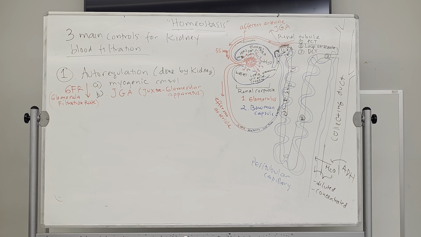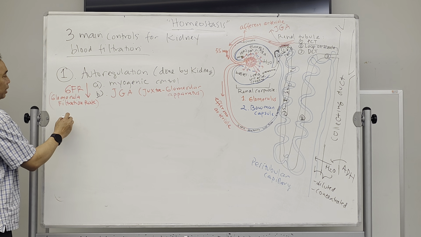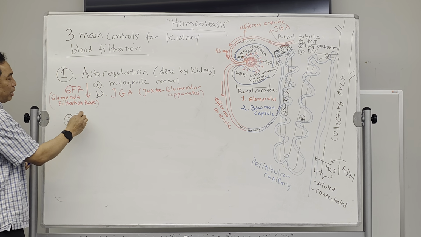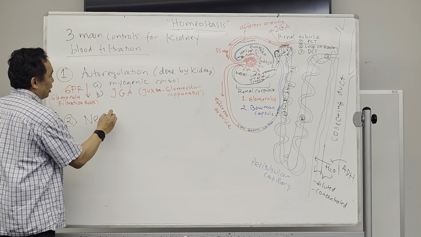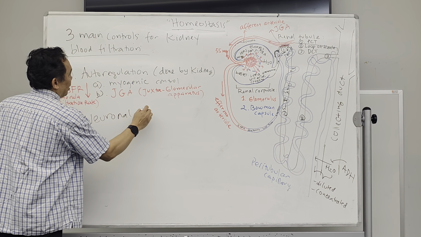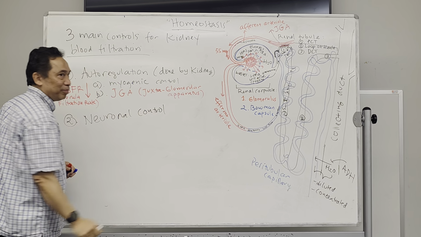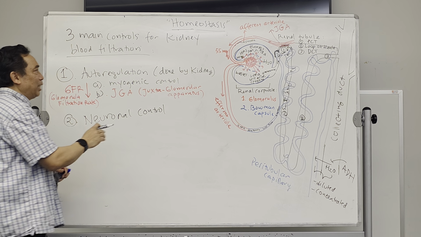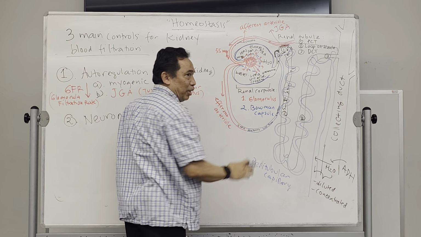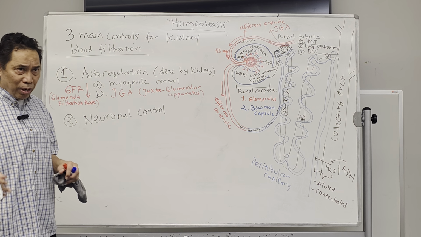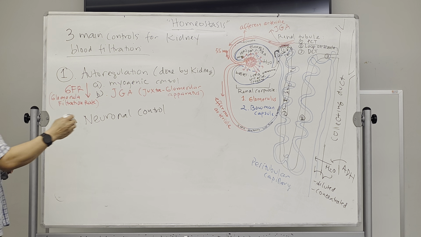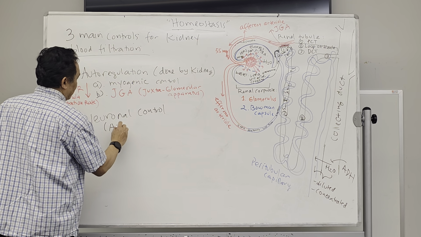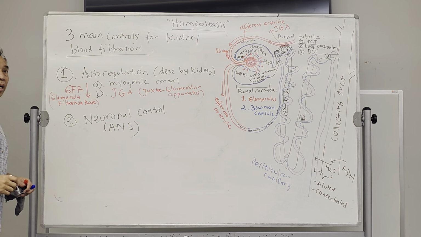The second control is coming from the nervous system. It's called the neuronal control. In this case, because this is a blood vessel, if you still remember, when we talk about the autonomic nervous system, it consists of parasympathetic and sympathetic divisions.